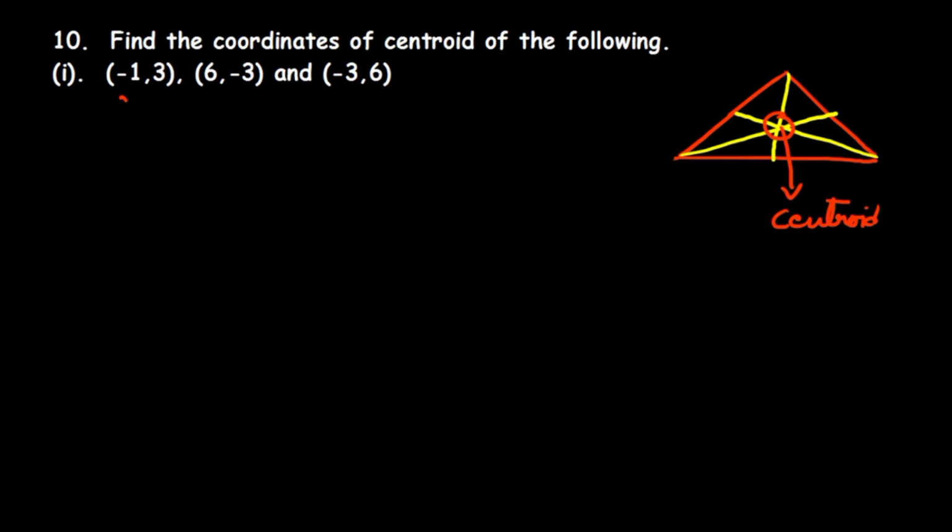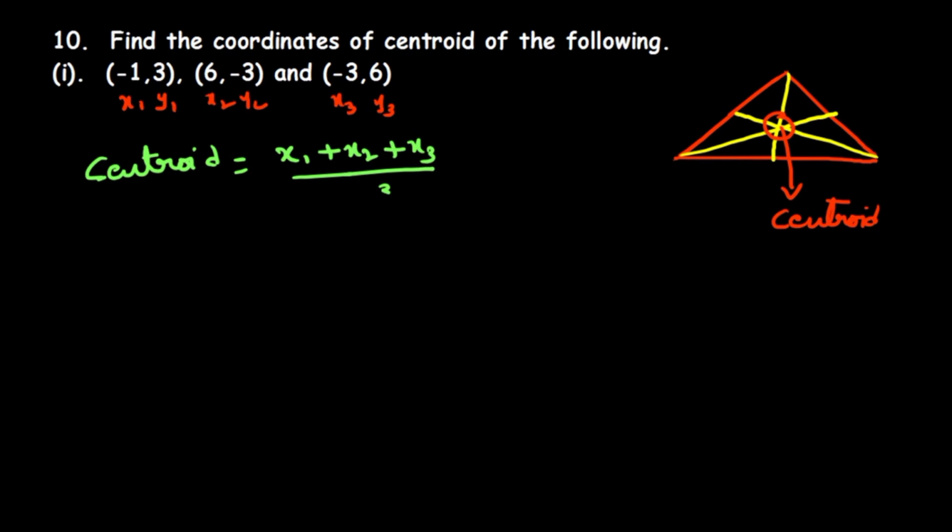The given points I am going to take as x1, y1, x2, y2 and x3, y3. So what is the centroid formula? The centroid formula is x1 plus x2 plus x3 by 3 and y1 plus y2 plus y3 by 3.